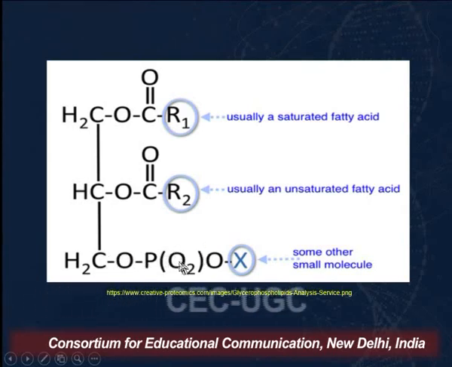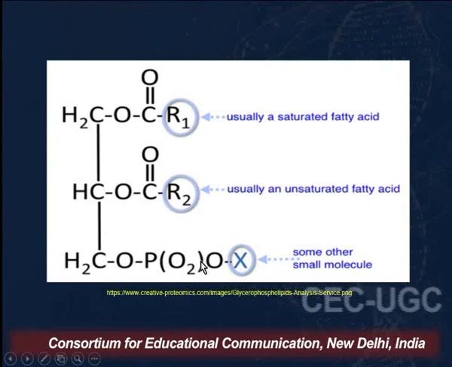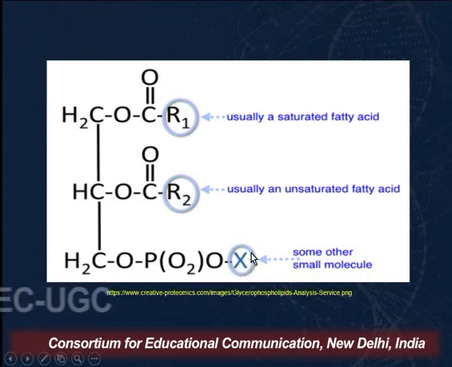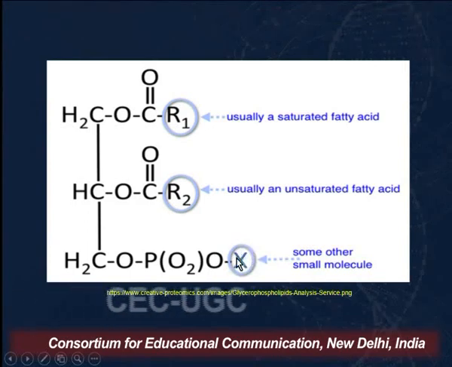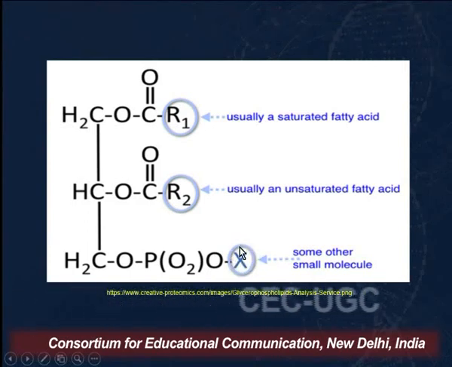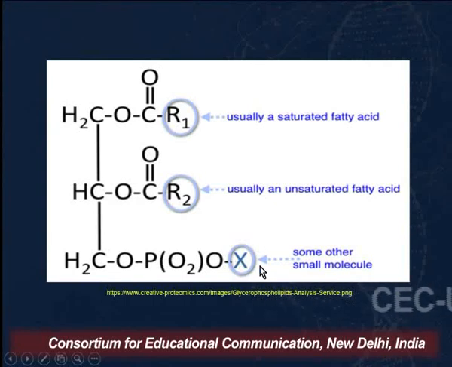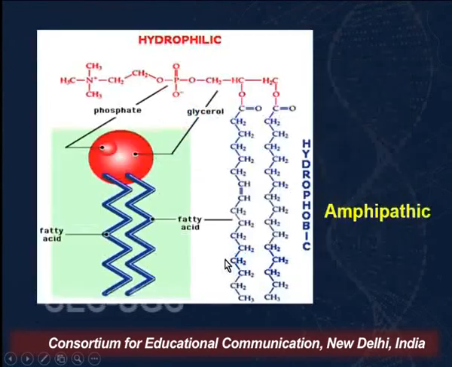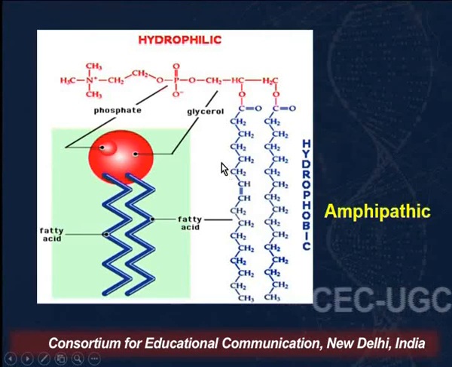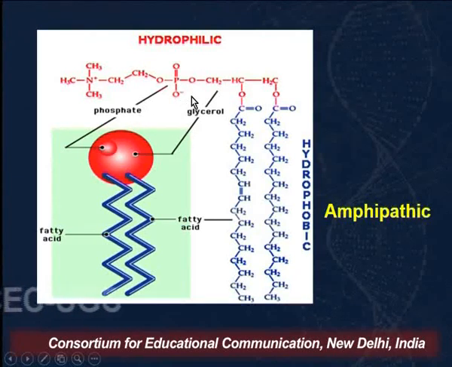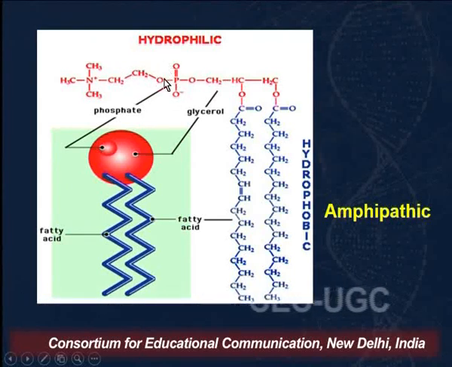Then this phosphate group again makes another phosphoester bond with this X here. And this X may be a nitrogenous base or it may be a non-nitrogenous moiety. So this is the general structure of the phospholipid. Now when we look into the chemical structure of the phospholipid, this is the phosphate group here.